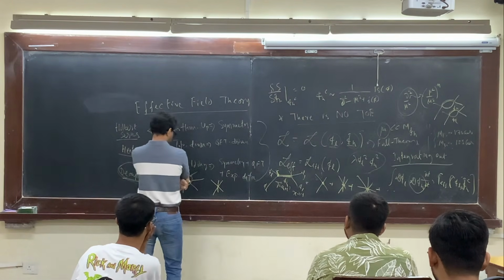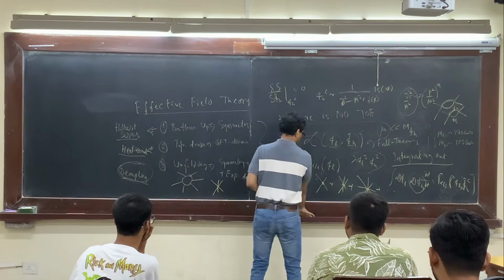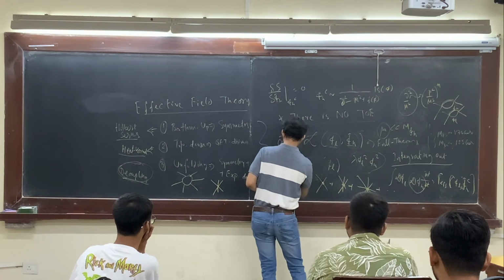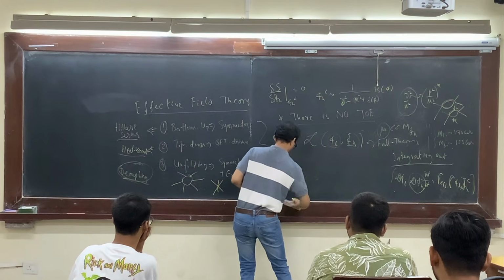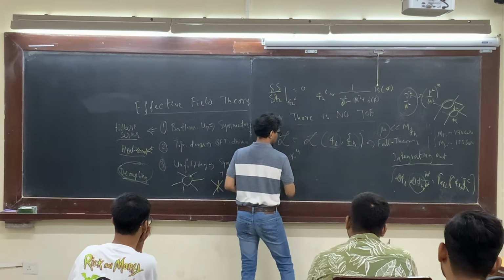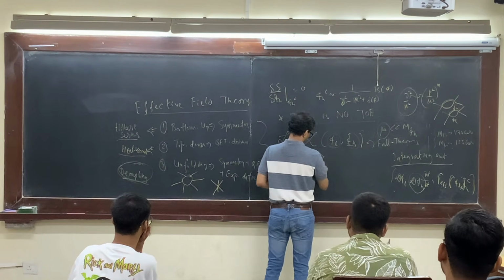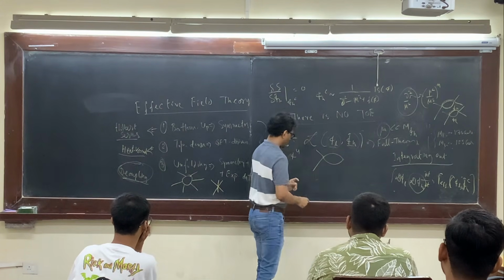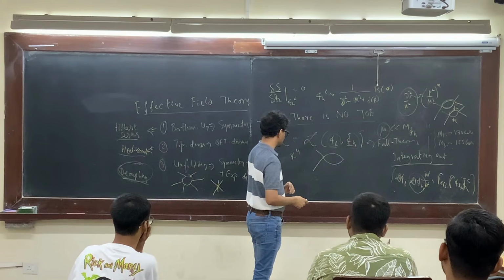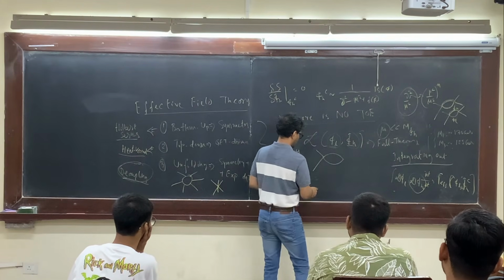Okay, so let's try to see what kind of diagrams you can have. If I have a phi 4 theory, how do you draw a phi 6 operator there?